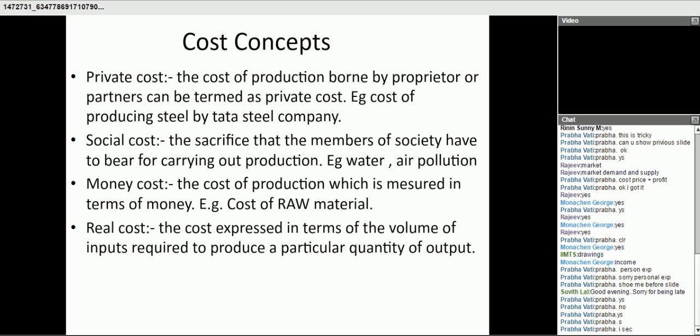Explicit and implicit cost. So, okay, you are noting, I think. So what is explicit cost?